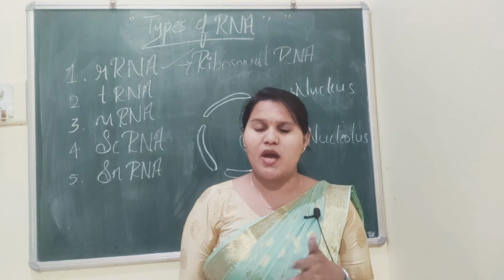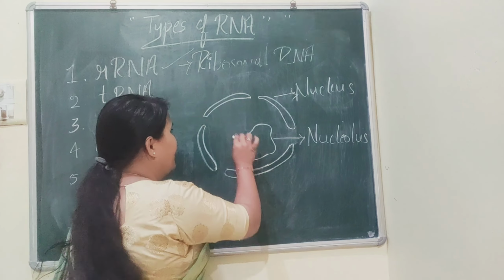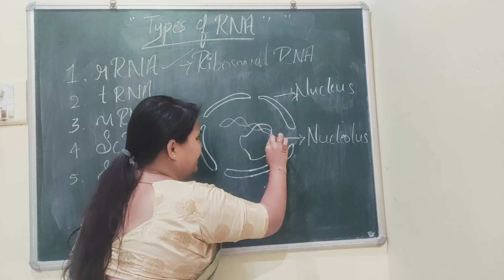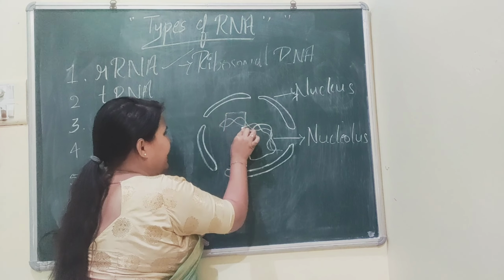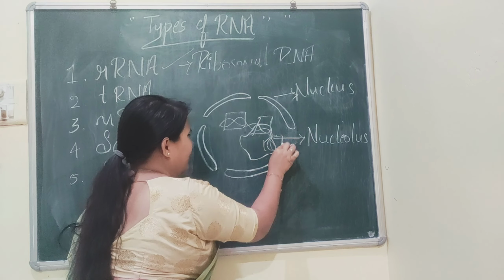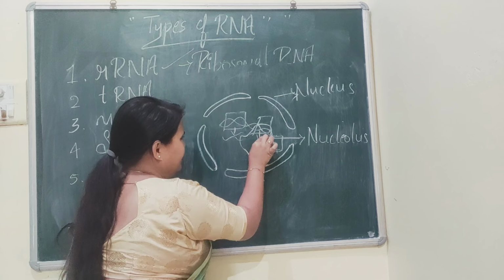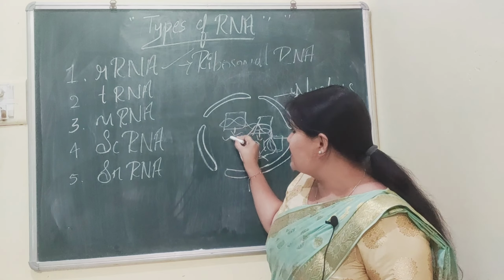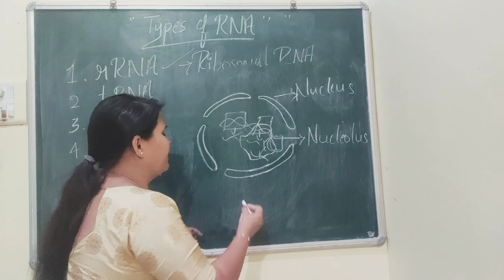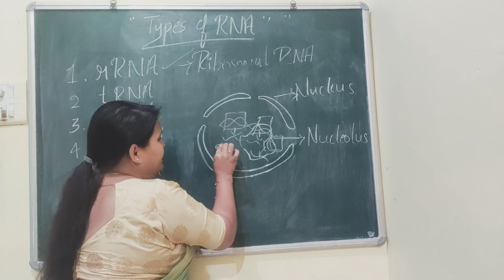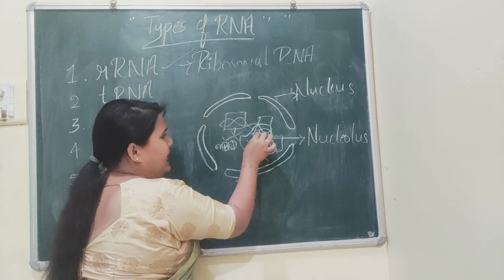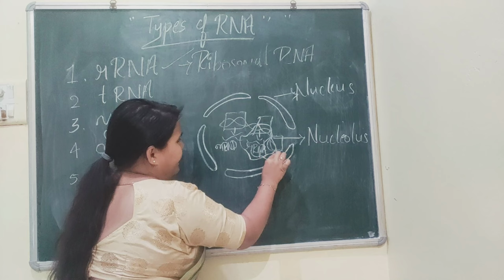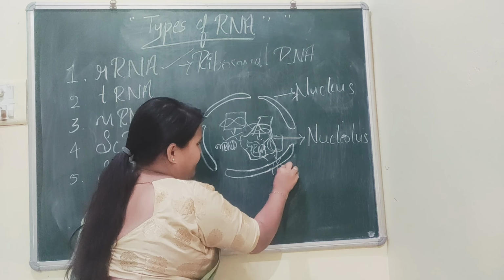Here in the nucleus, as I said, transcription takes place. How will the transcription take place? From the double-stranded DNA, what will we get? A single-stranded RNA, right? Yes or no? Yes. See here, the DNA is doing the transcription. So here what did we get? Think if we get here the mRNA and here the rRNA and here again the tRNA.